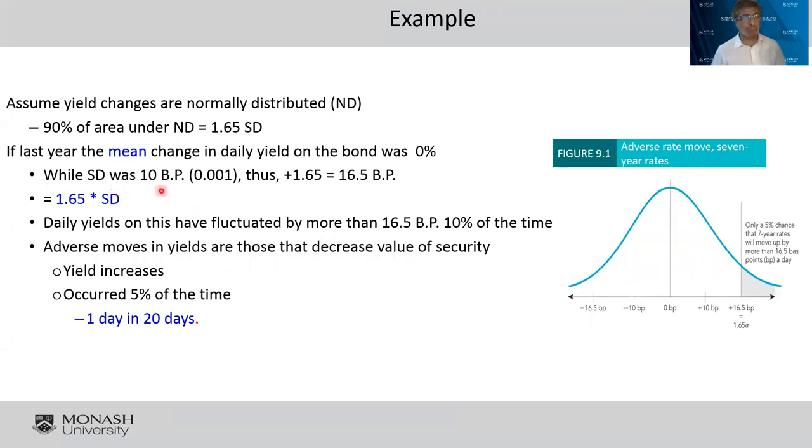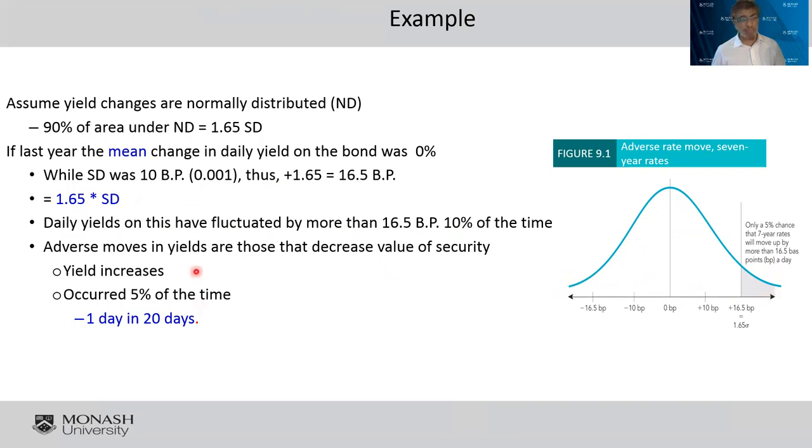While the standard deviation was 10 basis points, this area goes up to here, and the change in percentages will be 1.65 times the standard deviation. And this will tell us the daily yield has fluctuated more than 1.65 standard deviations 10% of the time, which is 5% here and 5% here.